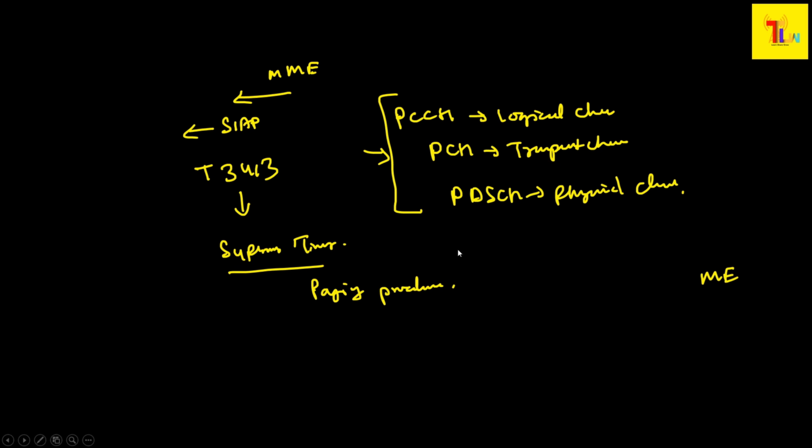At this particular time, if you go with the proper flow, we have the MME, the eNodeB, and the UE.